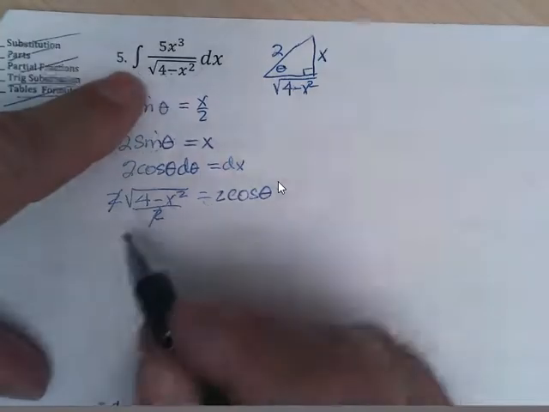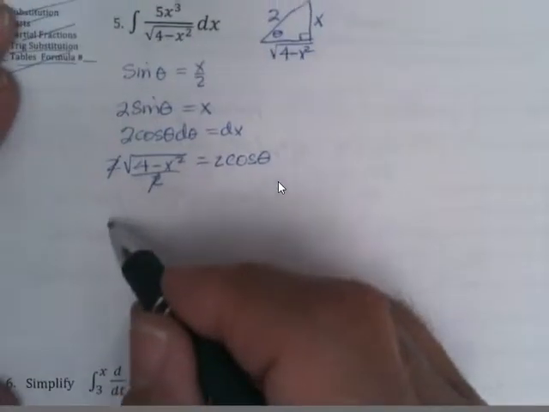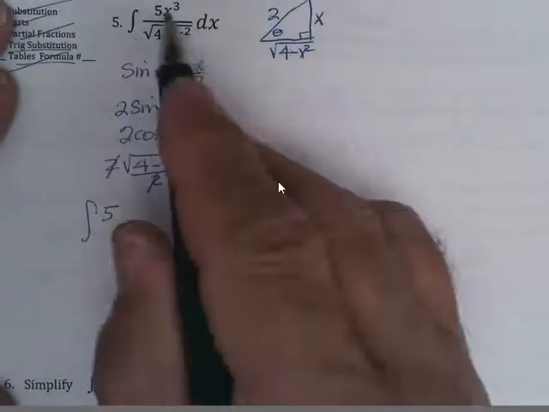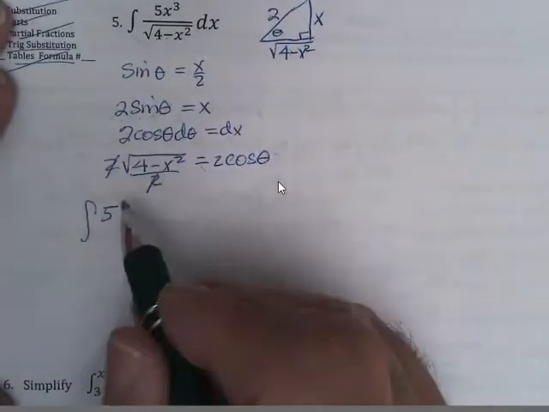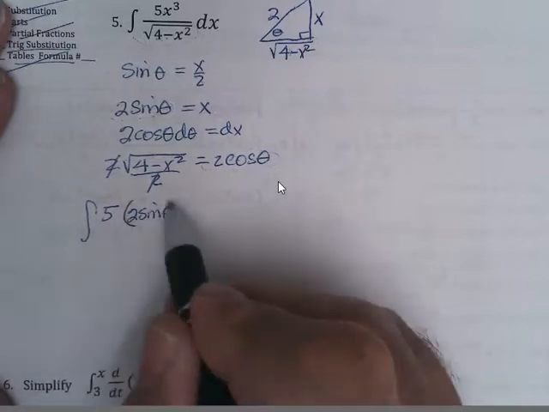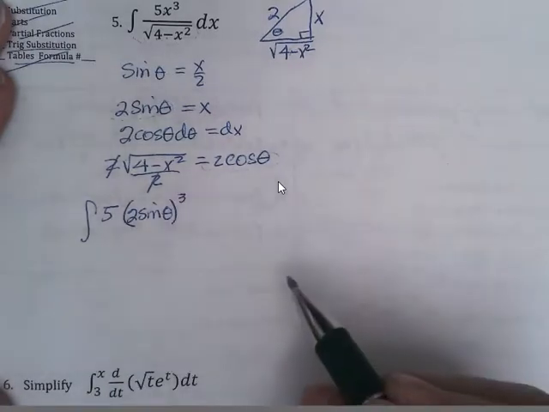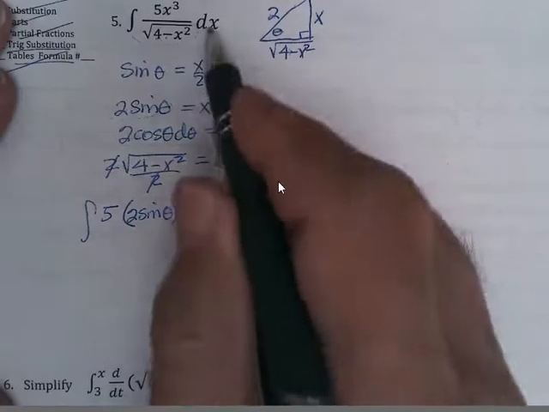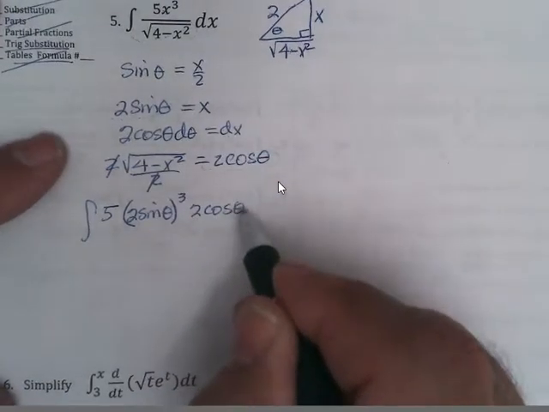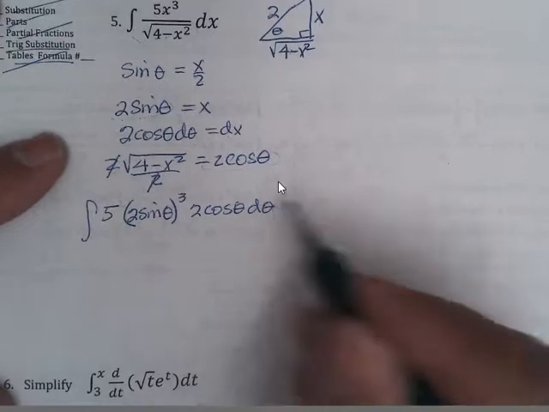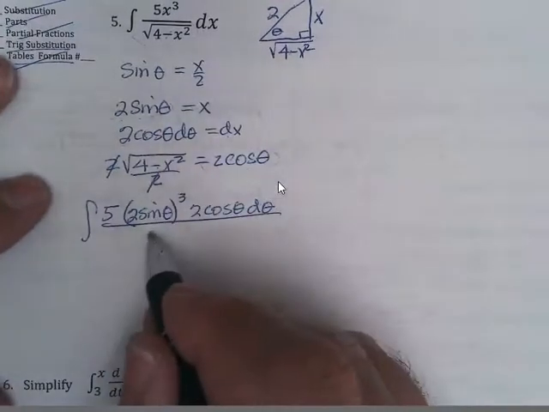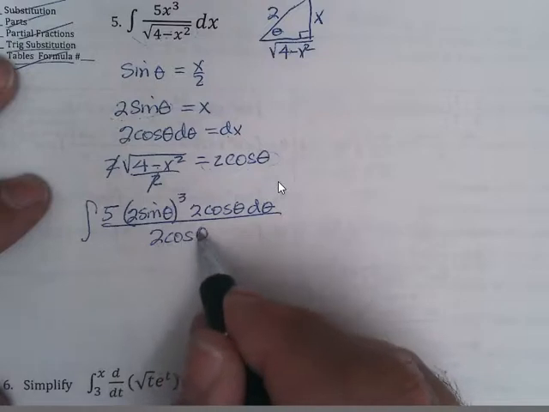So we get, let's do it here, the antiderivative of 5, x is 2 sine theta, and that's cubed, and the dx is 2 cosine theta d theta, and the denominator is 2 cosine theta.